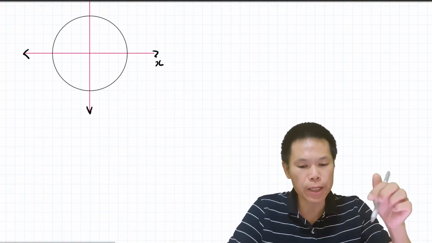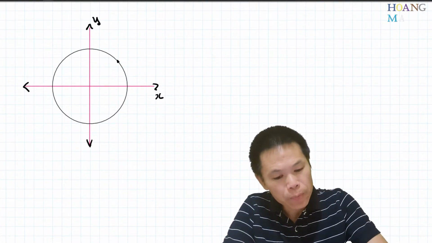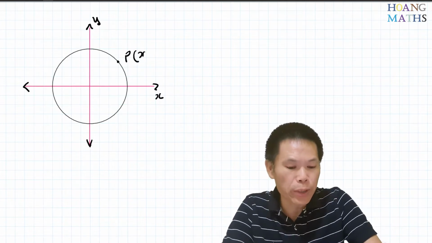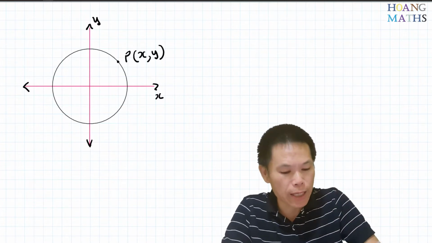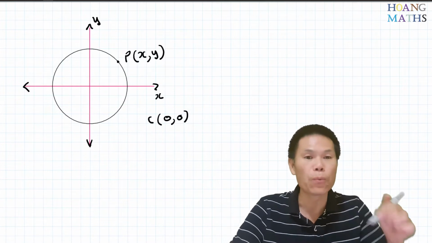So let's say we have a circle. Let's say we have a point here, P, a variable point with coordinates X and Y. We know that the center of this circle is 0, 0.